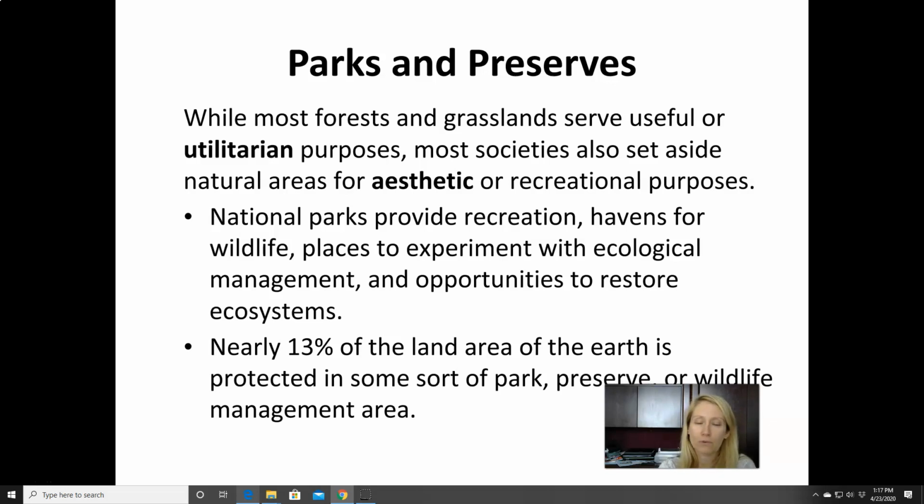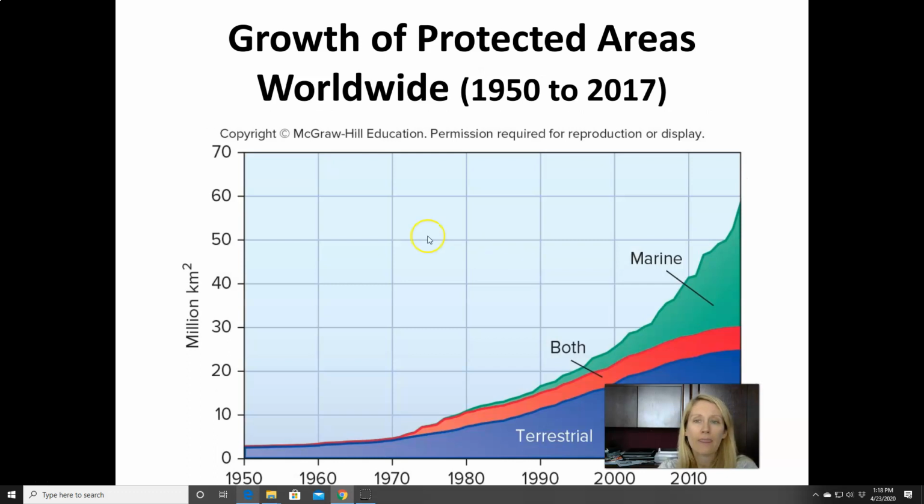We can create nature preserves, we can create wildlife sanctuaries, so there's lots of different things that we can do. And the really nice thing is, globally, worldwide, the amount of area that we are protecting, that we are preventing human use coming in and degrading the land, that's actually increasing.